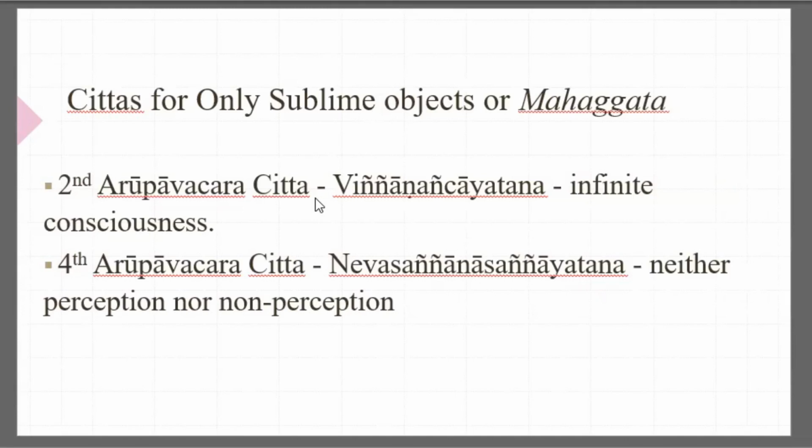Third one, Ākiñcaññāyatana Citta takes the object of nothingness, the nothingness of the first Arūpāvacara Citta. Fourth Arūpāvacara Citta, Neva Saññānāsaññāyatana Citta takes the third Arūpāvacara Citta.